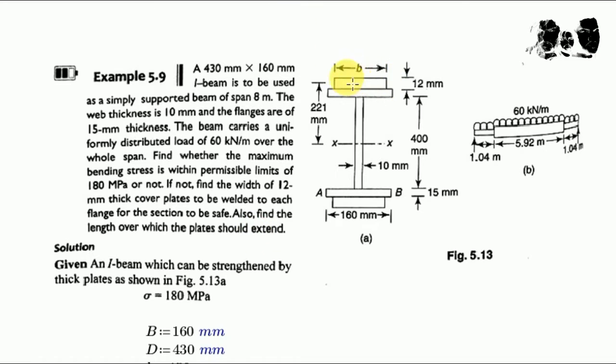As you see in this diagram, these are plates having a thickness of 12 mm but unknown width and unknown length, which are going to be placed after deducing whether it is going to fail or not. So first we deduce whether it is less than or greater than the value of 180.